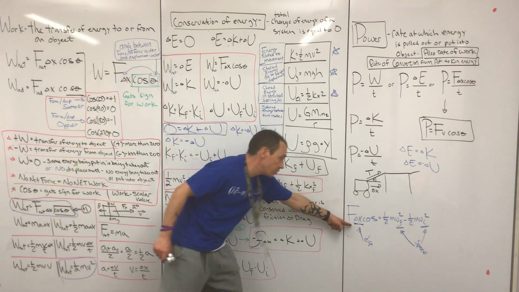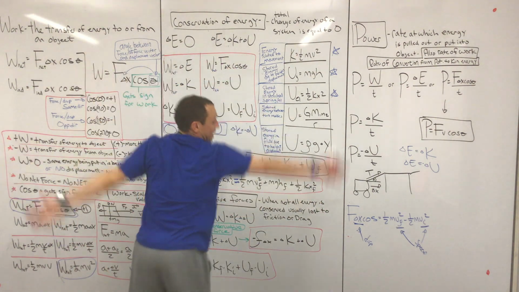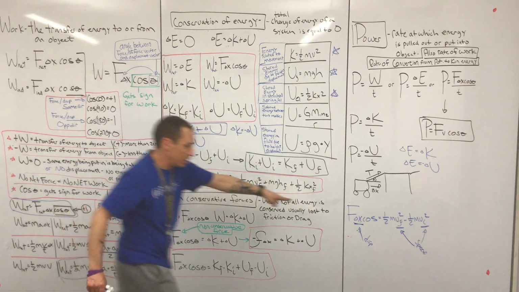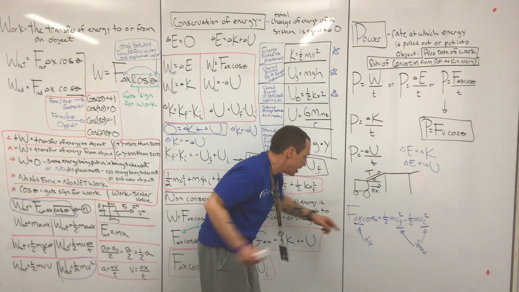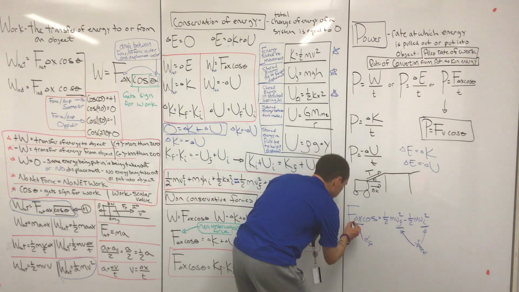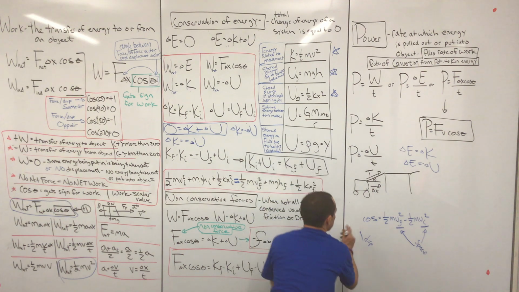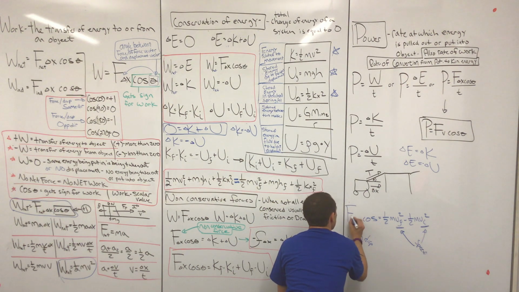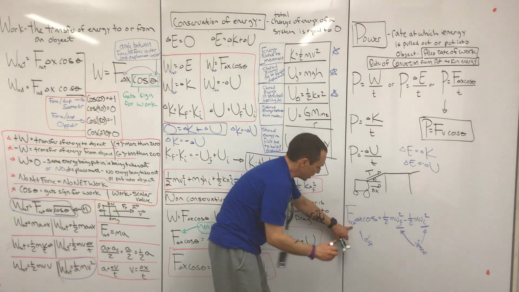It's not just for non-conservative forces. This is valid for anything, conservative or not, you can use this equation to solve for this. Because if this is F net, I probably should have written this better, because it should be F net, we can get the net force.